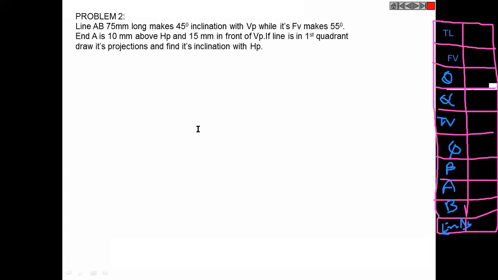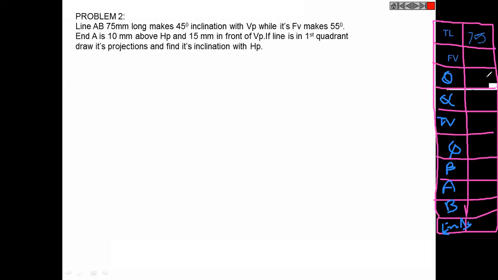You do it in your notebook. This is given. True length 75. Student says 75. Very good. Now anyone else, please speak up. Rather than drawing here, you just tell me. I will write it down. What is next given?